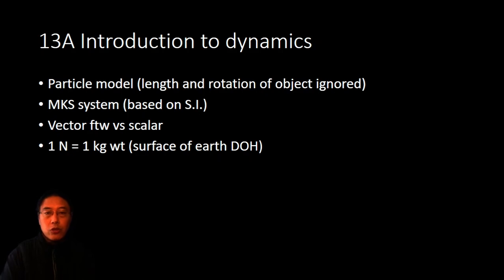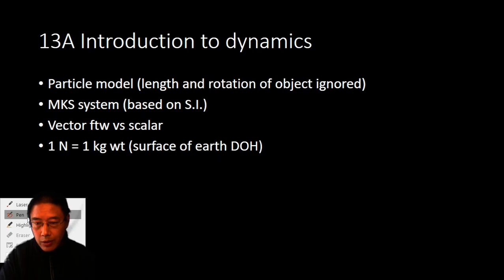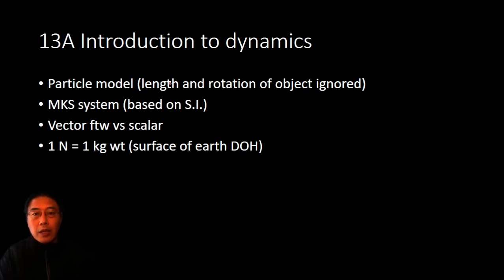So, introduction to dynamics. First thing is we need to use a model of a particle. Any object, independently of its size and weight, will be narrowed down to a single point, as a moving or stationary object, meaning that its size and the rotation of the object itself is ignored.